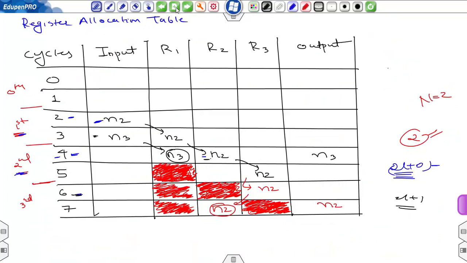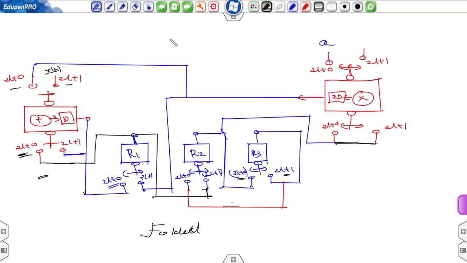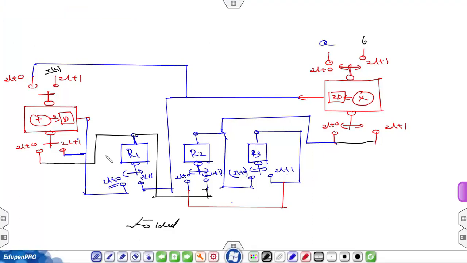So n2 after 5 delays, 1 2 3 4 5, will be in R2. Okay, so the output of R2, that is this one, I have just extended this connection. So the output of R2 is connected to the input of multiplier at instance 12 plus 1, and the second input is provided with a constant b.